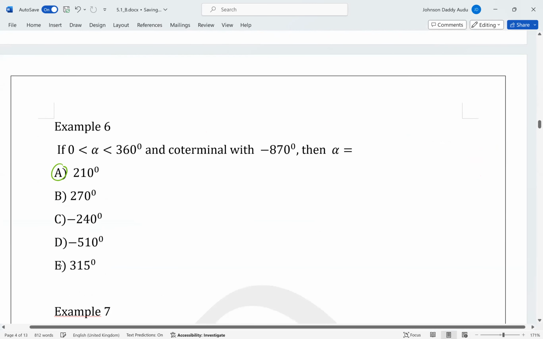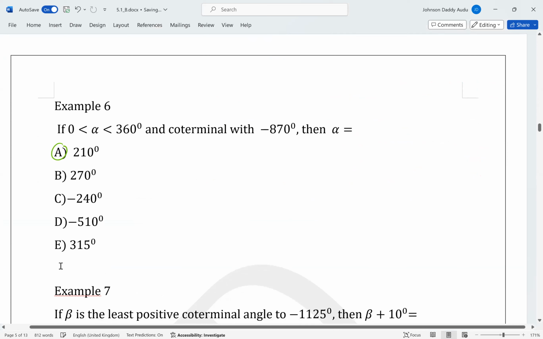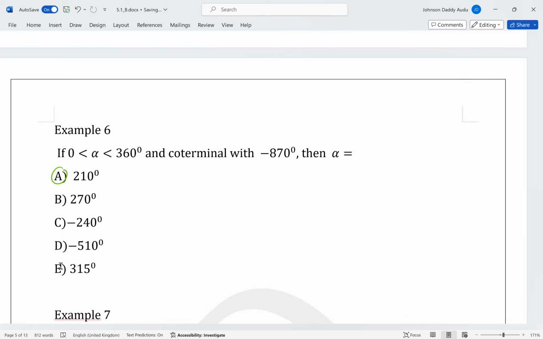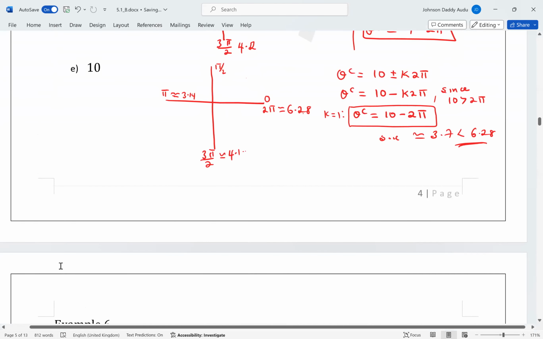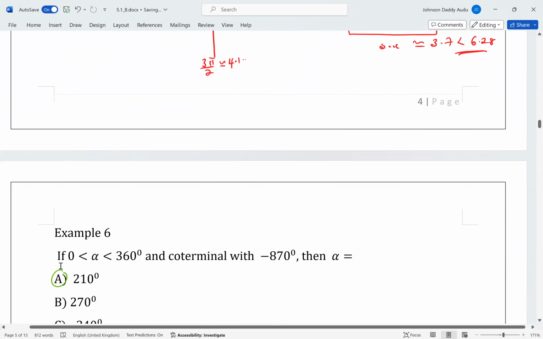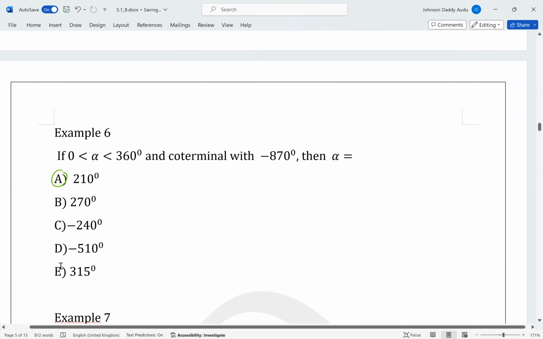So now example 6, it says if 0 is less than alpha, less than 360, and alpha is coterminal with minus 870, then what is alpha? So here, what do we do? It is simply find the coterminal, right? How can we get the coterminal?